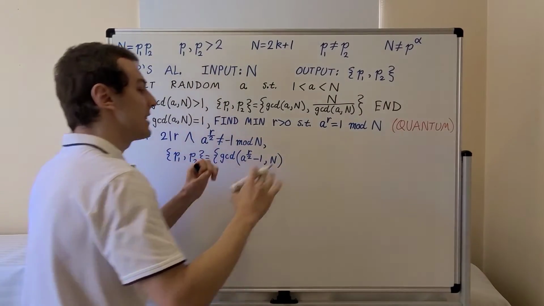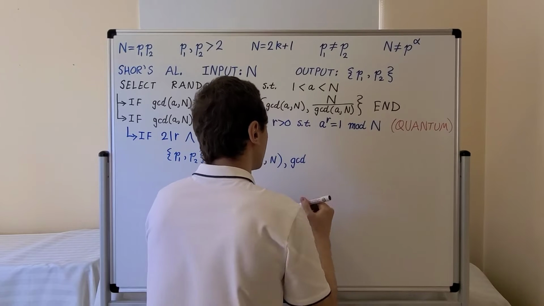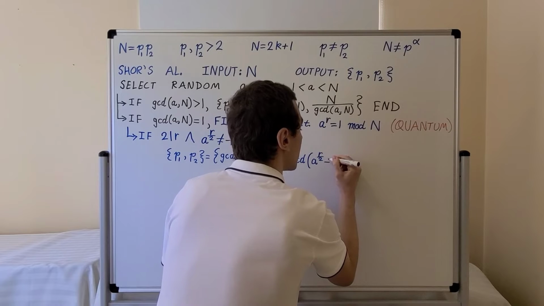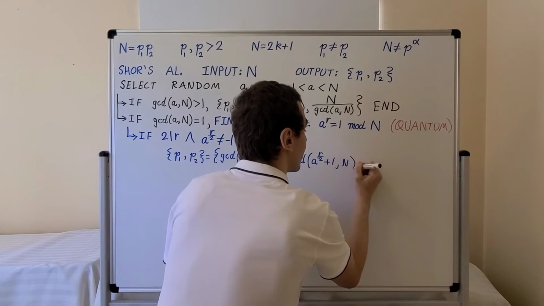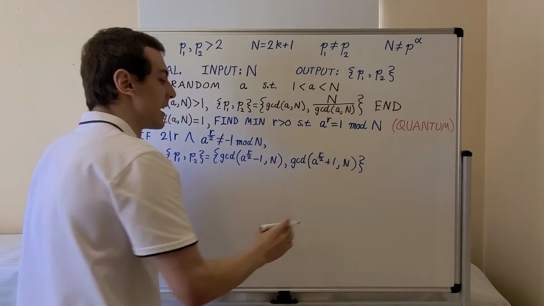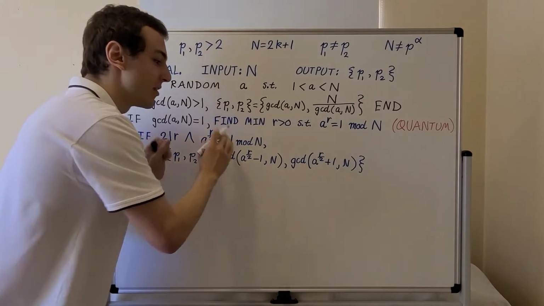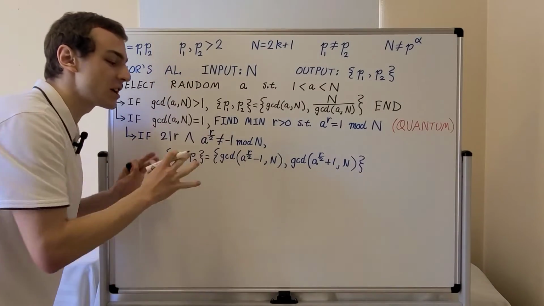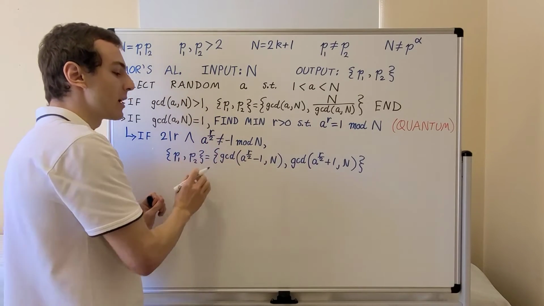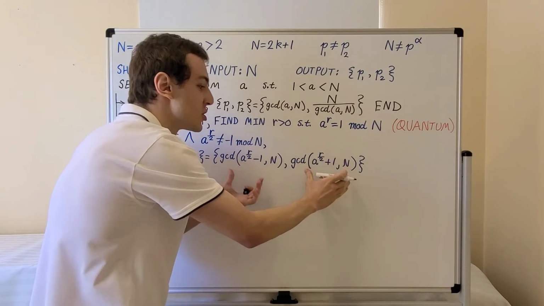So that's our P1, and then P2 is the greatest common divisor of a to the r on 2 plus 1 with n. And I'll close these squiggly brackets over here. So this might work, but it might also fail. At this point in the procedure, there are several things that can go wrong. So if it does work, and we do successfully get P1 and P2, we can verify that by multiplying these positive integers together.